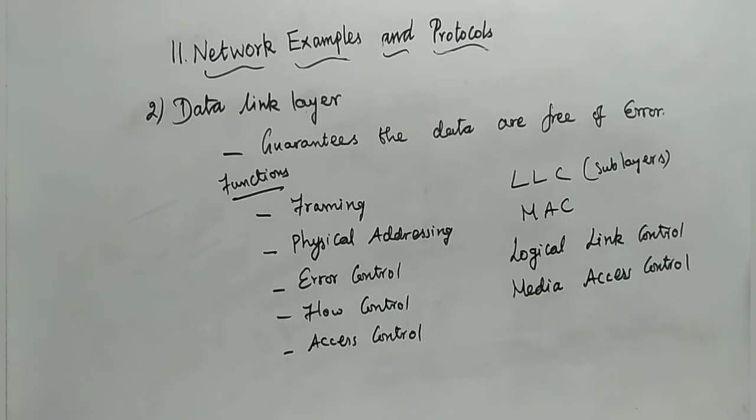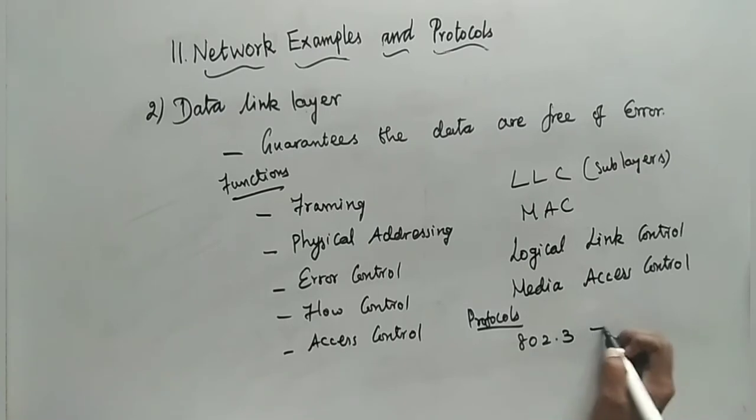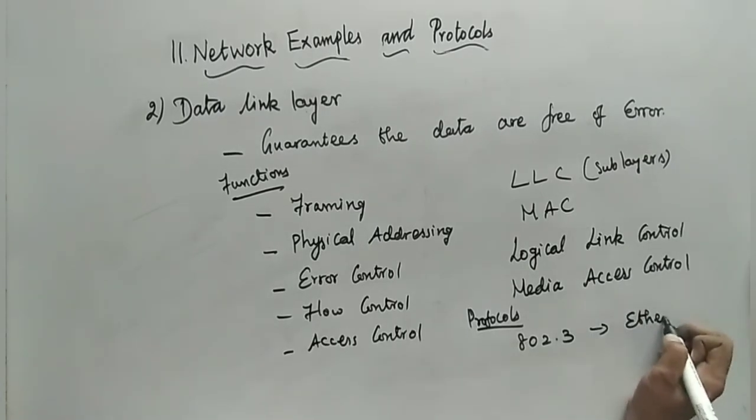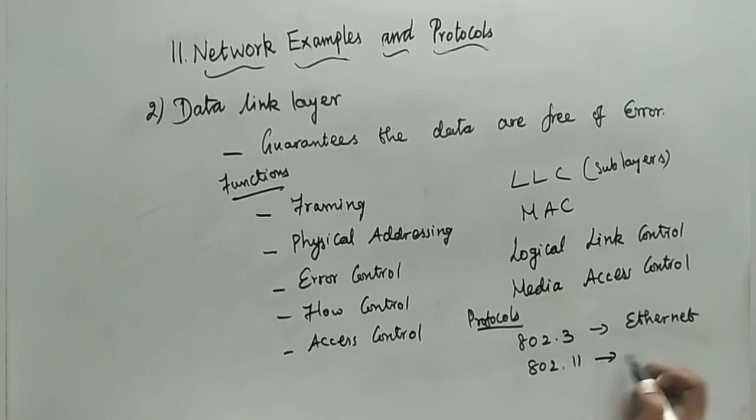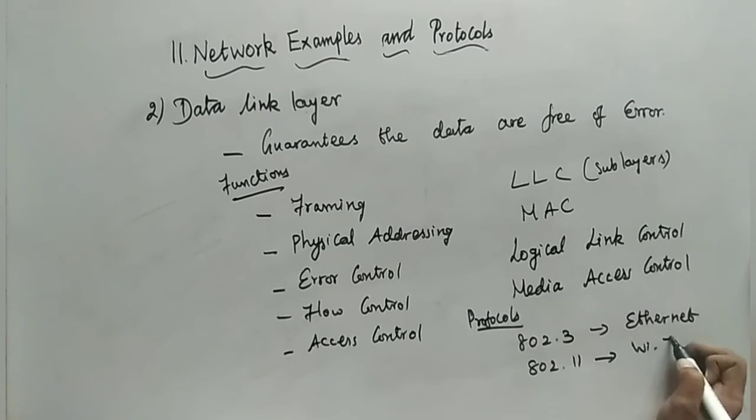Next, similarly, in this we are going to have two protocols. Both the protocols are very simple protocols only. The protocols that are used are 802.3, which is for your Ethernet, and the next one is 802.11, which is for your Wi-Fi.